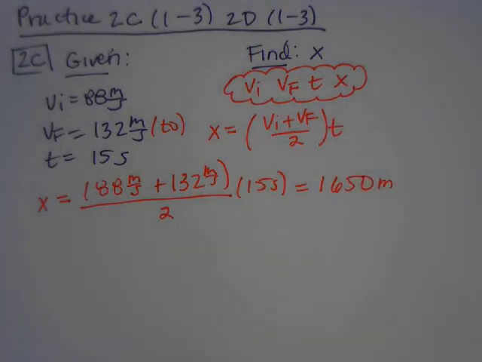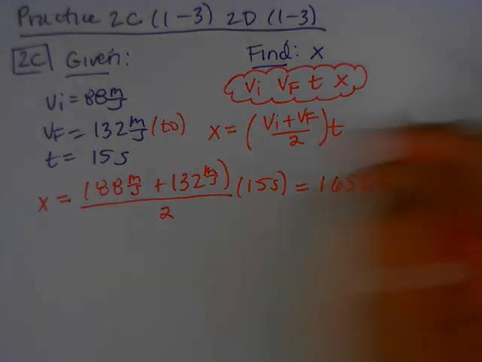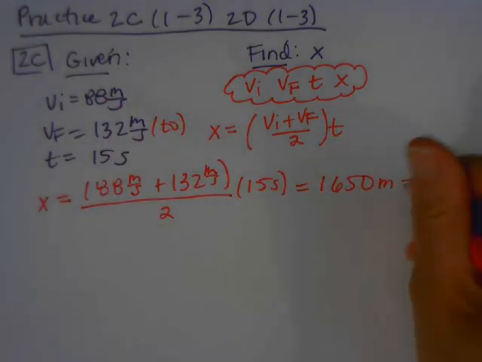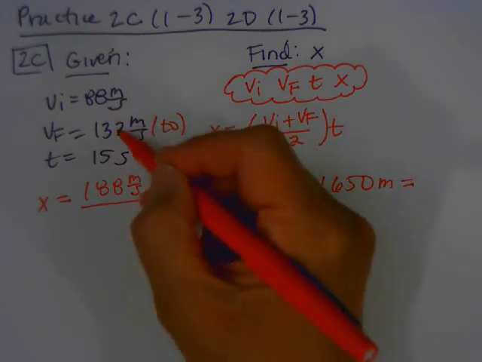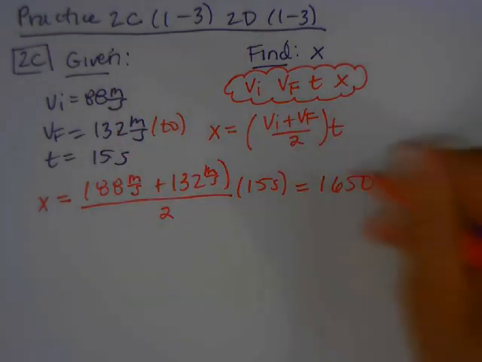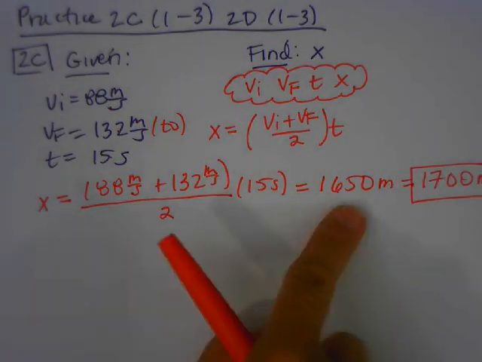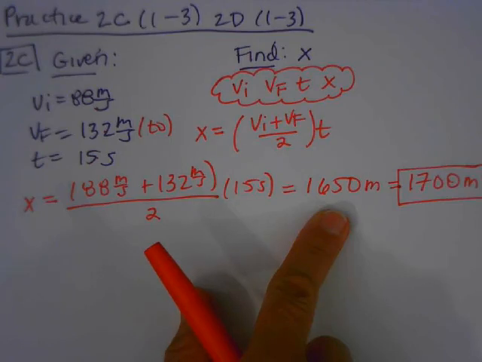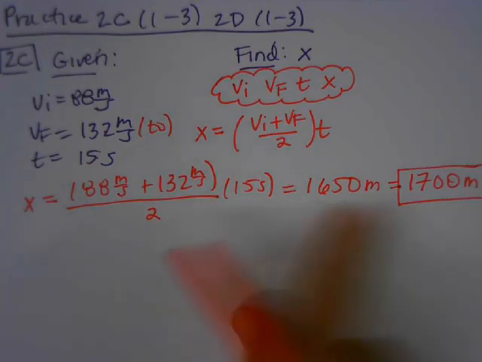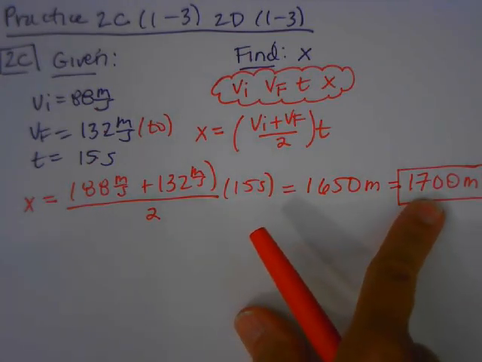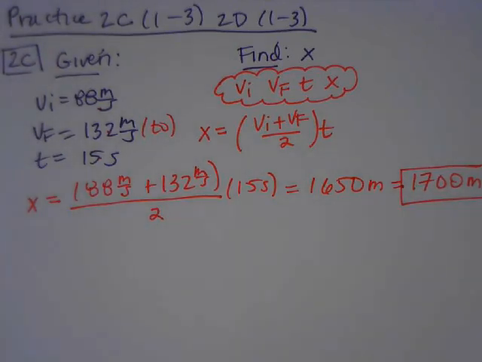Now, if you look at the answer on the sheet in parentheses, it's in correct significant figures. The given values have 2 significant figures, so to get this to be 2 significant figures, we'll make it 1,700. This is the answer you're going to see on your multiple choice test.